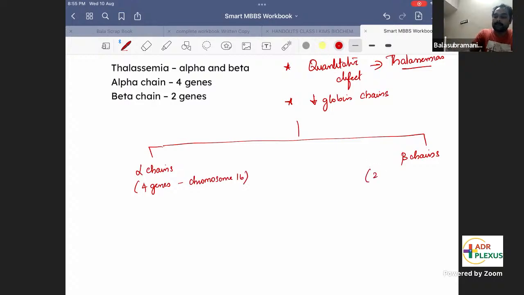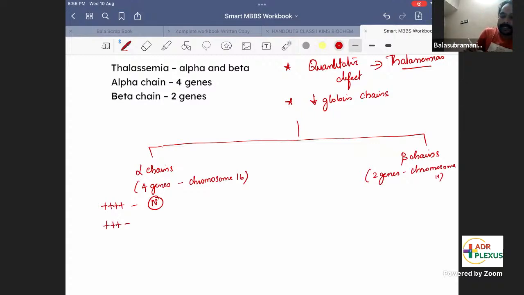The beta is coded by 2 genes on chromosome 11. So what is basically happening here is there is some problem in the genes, so that is going to lead to a disorder. Okay, so I'm going to write like this. If all the 4 genes are present, it is normal.